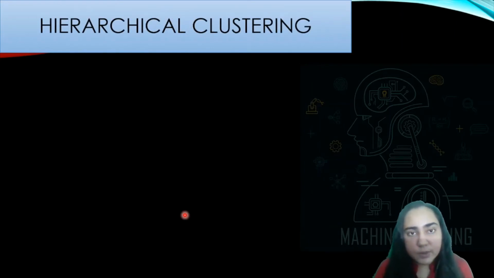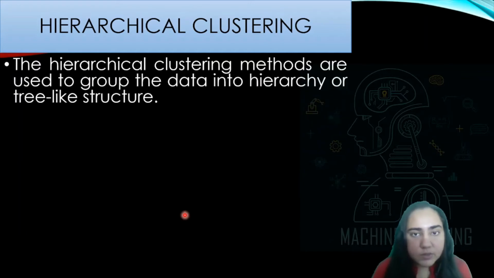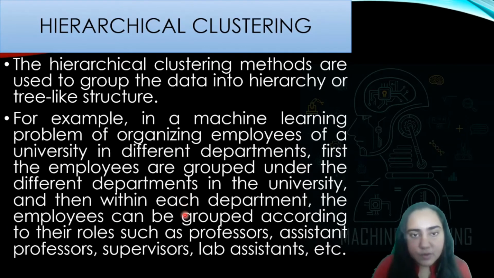Let's now talk about hierarchical clustering. In hierarchical clustering, you can group the data into a hierarchy or tree-like structure. For example, in machine learning, we saw this problem earlier about employees and professors in a university.